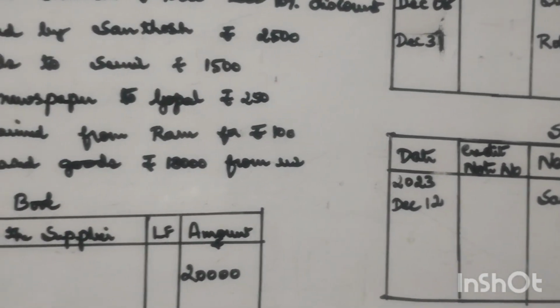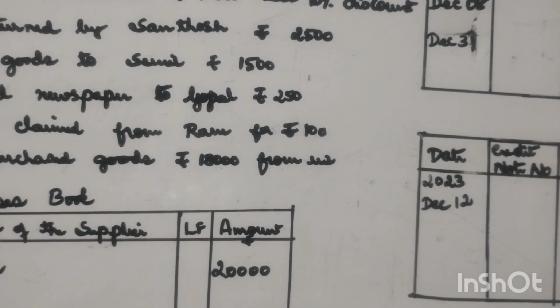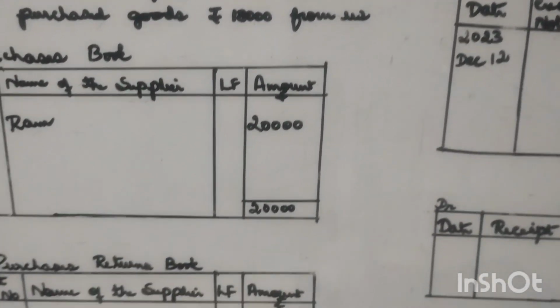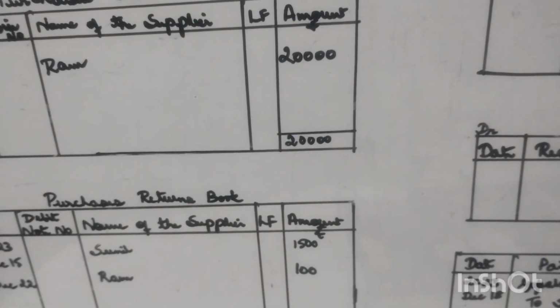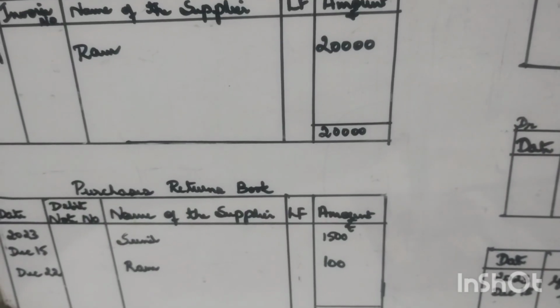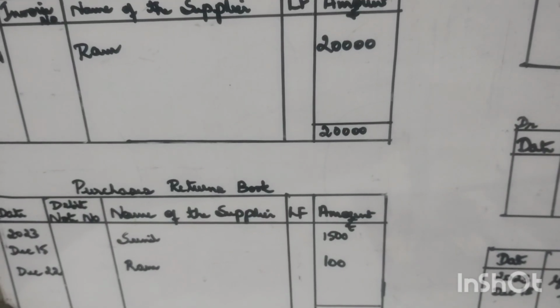So the firm has returned goods to Sunil, the supplier from whom the firm has made credit purchase, and there may be defective goods. So that is being returned by the firm to Sunil, the supplier. Record that as Sunil, worth rupees 1,500.